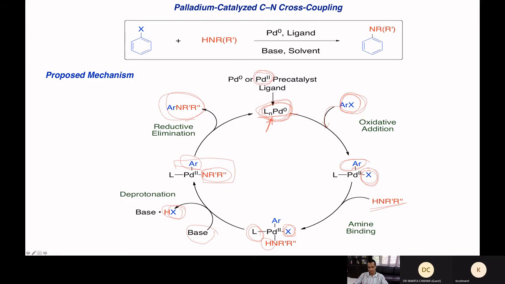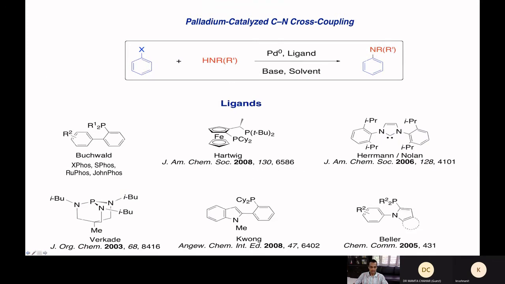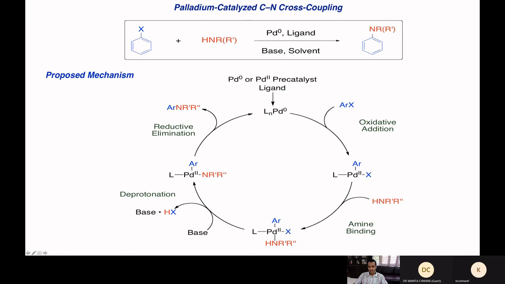This is reductive elimination. Once again, very briefly, these are the ligands. Let's say we are trying to take this Buchwald's ligand, which is a monodentate phosphine ligand, very effective for these reactions. And so this ligand that you have seen in there is the ligand in here.